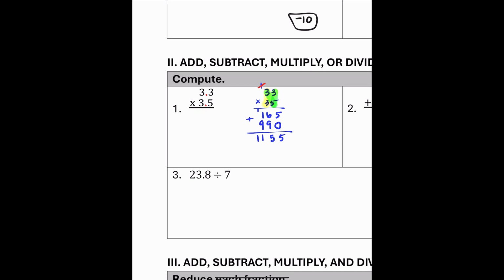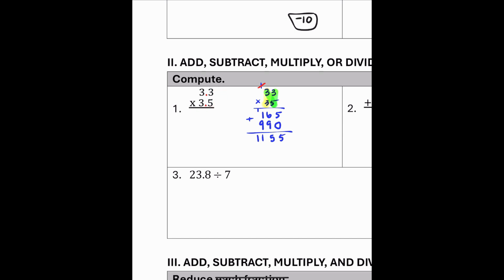So we need to apply the decimal in our answer. And how we're going to do that is by counting the number of decimal places. So notice that we have one number after this decimal and one number after that decimal, right? So since there's one number after the decimal, that's 1, and there's another number after the decimal, that's another 1. So we have 1 plus 1, that's 2.